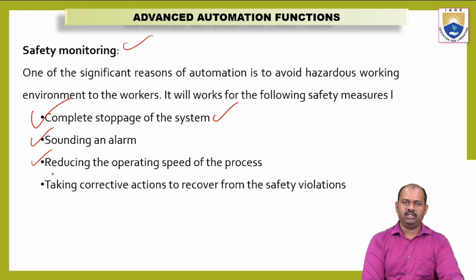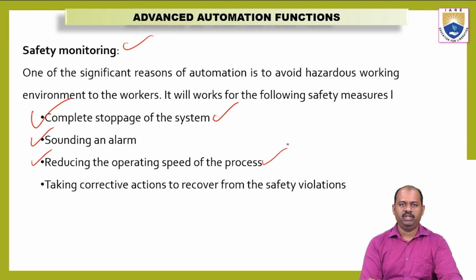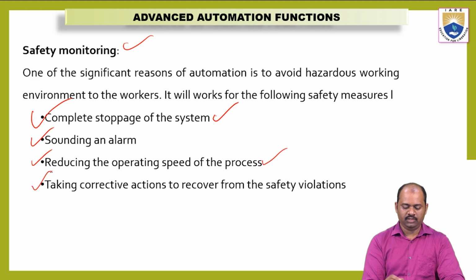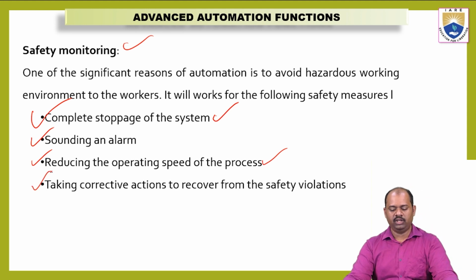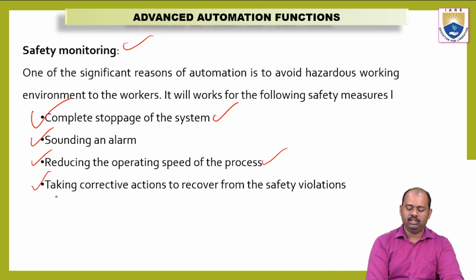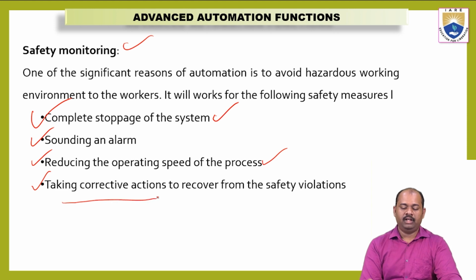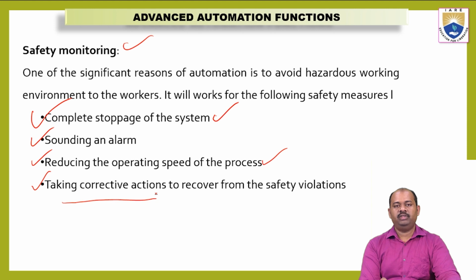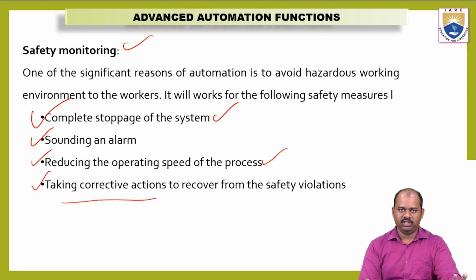If there is any malfunction in the machine, the entire system is not stopped, but the speed is reduced so that the severity of the accident is reduced. And the last point is taking corrective actions to recover from the safety violations. This is one of the best things about advanced automation, where corrective action will be taken by the automated machine itself. Suppose I have a machine, and this machine is automated.